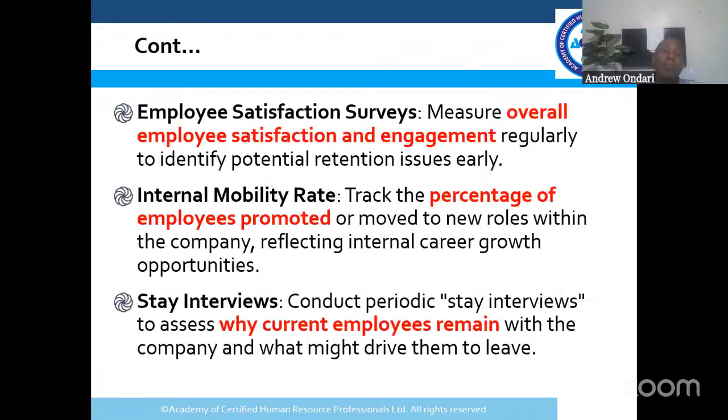There are other measures of retention, that is, conducting retention surveys or satisfaction surveys. Beatrice had mentioned that they conduct employee satisfaction surveys on a variety of things, such as promotion, compensation, working conditions, or even overall management of the organization.